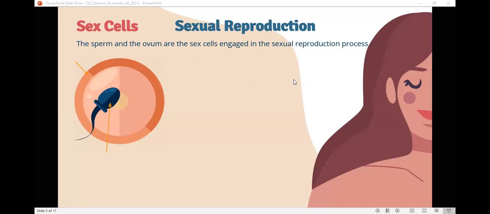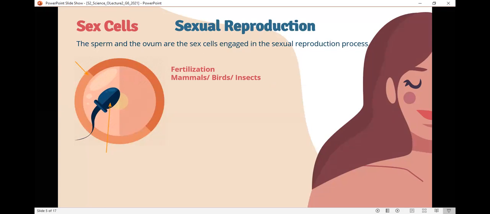In mammals, where does fertilization happen? In the mother's body, thank you. And then the zygote, where does the zygote grow? In the female's body, thank you.